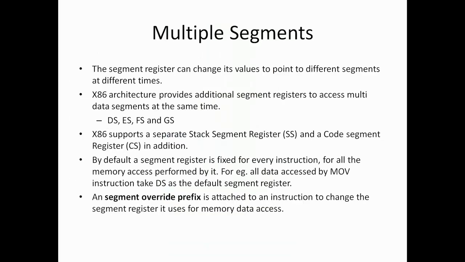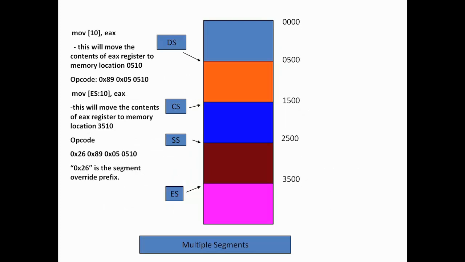Now, I will just give you this code. In this setup, there are 4 segments, namely the one pointed to by DS, the one pointed to by SS, and the one pointed to by ES.